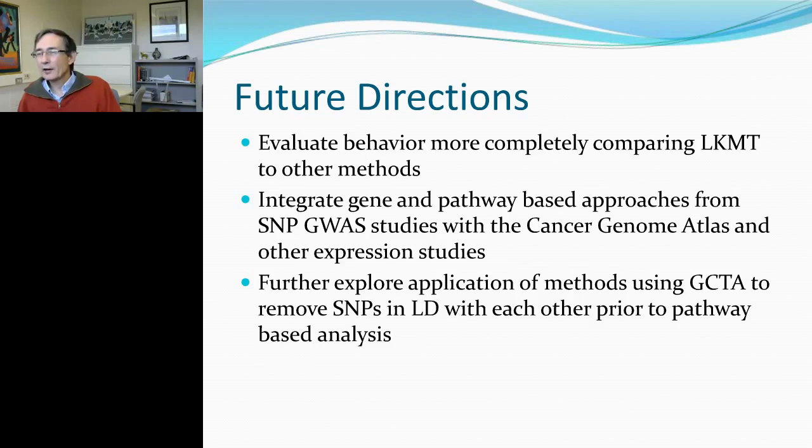And then further exploration of application of methods using some new approaches. There's a GCTA approach which can be used for genome-wide association studies to first identify the most significant SNPs in a region, then remove any additional SNPs that are being identified because they're in linkage disequilibrium with the most significant SNP. So condition on the most significant SNP, then identify all the additional SNPs that remain after that conditioning.